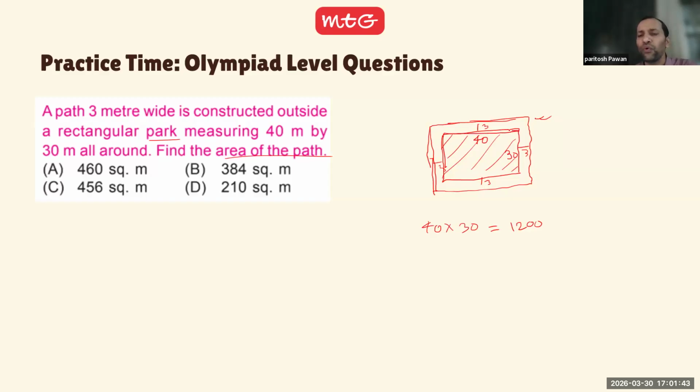This is 40 and here this is 3, so it becomes 43, and here also 3, so it becomes 46. So the outer length is 46. Similarly for the breadth, this is 30, this side is 3, so it becomes 33, and on this side again 3, so 36. So the outer breadth is 36. So my area will be 46 into 36.